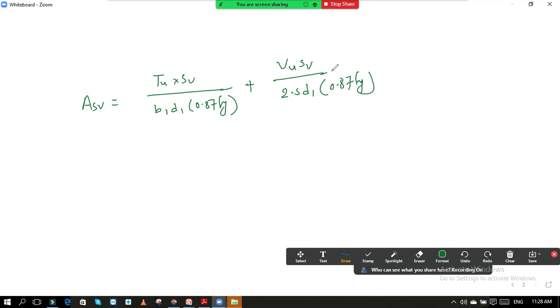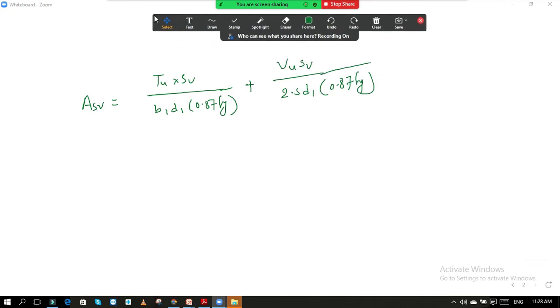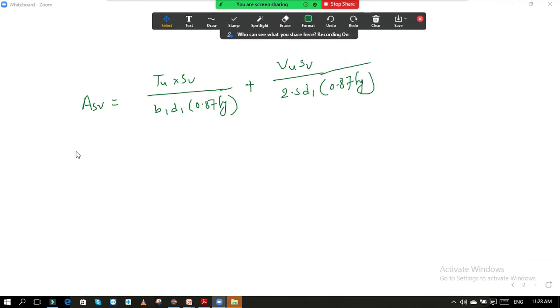Just you need to put the values over here now. Okay. Just you need to put the values.